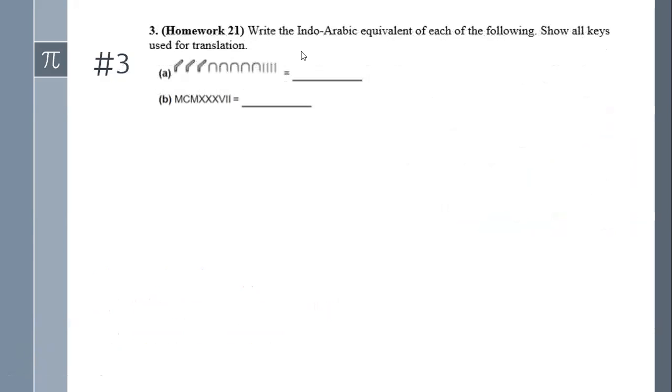All right. Here's a little bit harder one. We are going to take Indo-Arabic equivalent symbols and figure out numbers. We're going to translate. So each of these little pointer fingers equal 10 to the 4th power or 10,000.